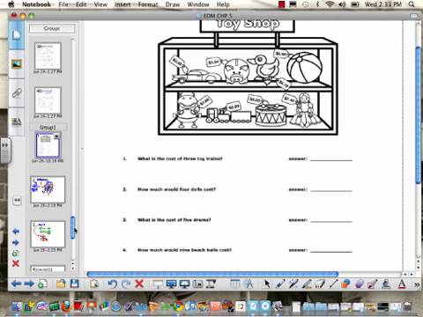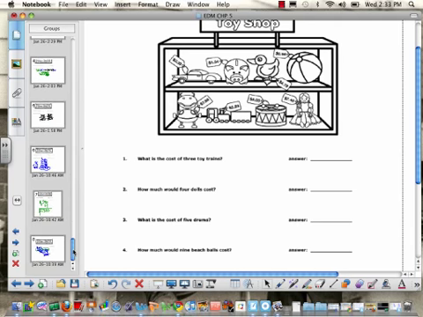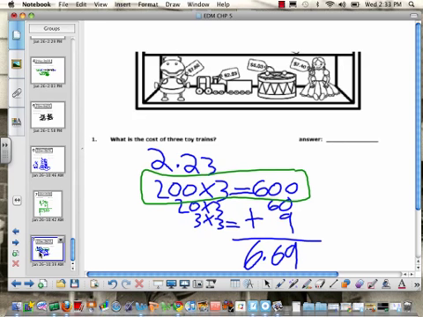Okay, and kids who did this, now what I was shooting for was an answer similar to this, where a kid took this item, an item that was $2.23, they had 3 of them, and so they said, hey, I know my 2s, so $2, if I had 3 items at $2, that'd be $6. Then 60 cents or 20 cents a piece at 3 would be 60 cents, and then the 3 cents would be 9, and add those together for $6.69.